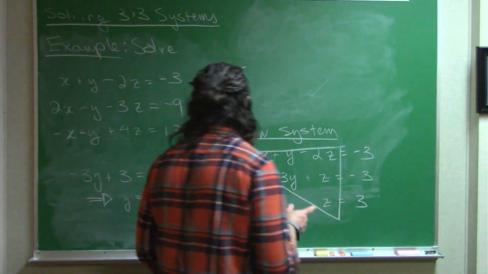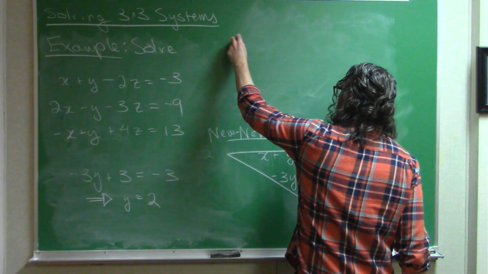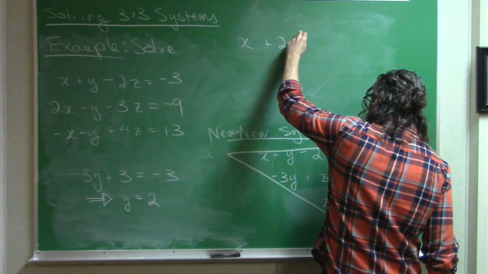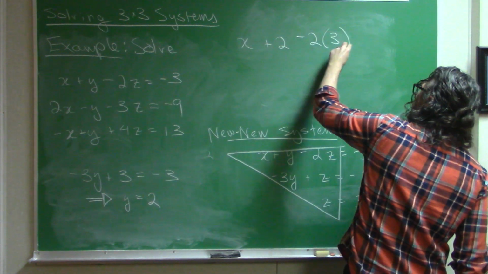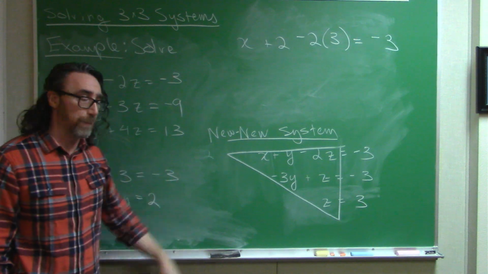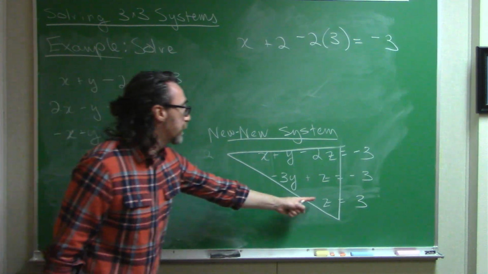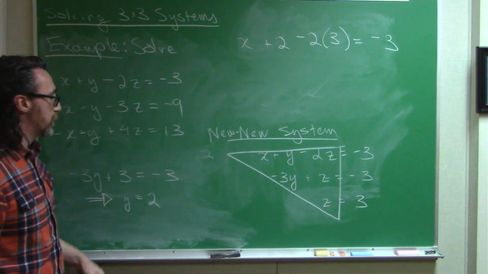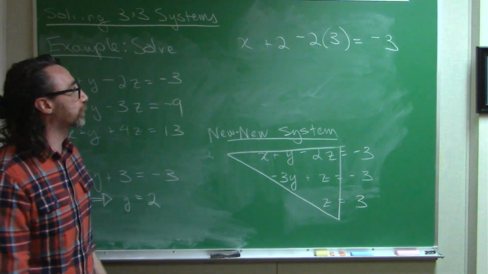And then we take both of those known values, the value of y and the value of z, and we go up here to equation 1. We know that z is 3, so this becomes negative 6. We know that y is 2, so that becomes a 2.